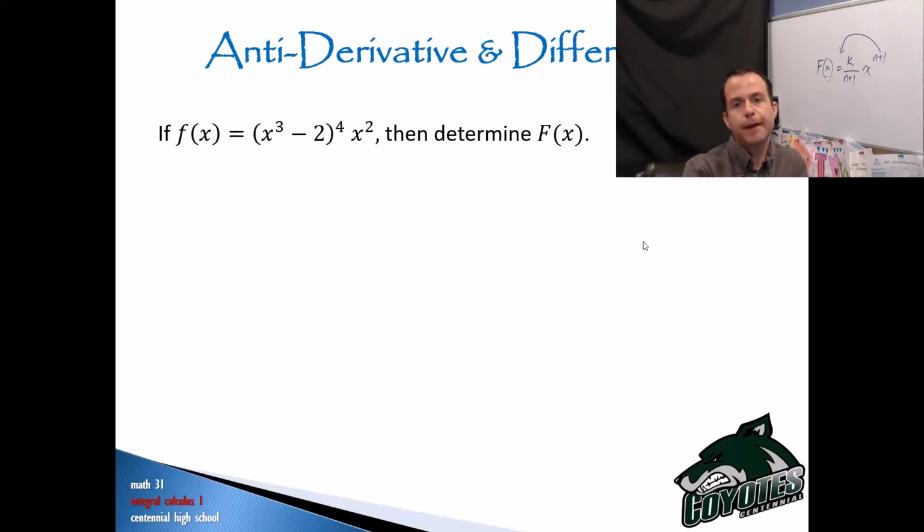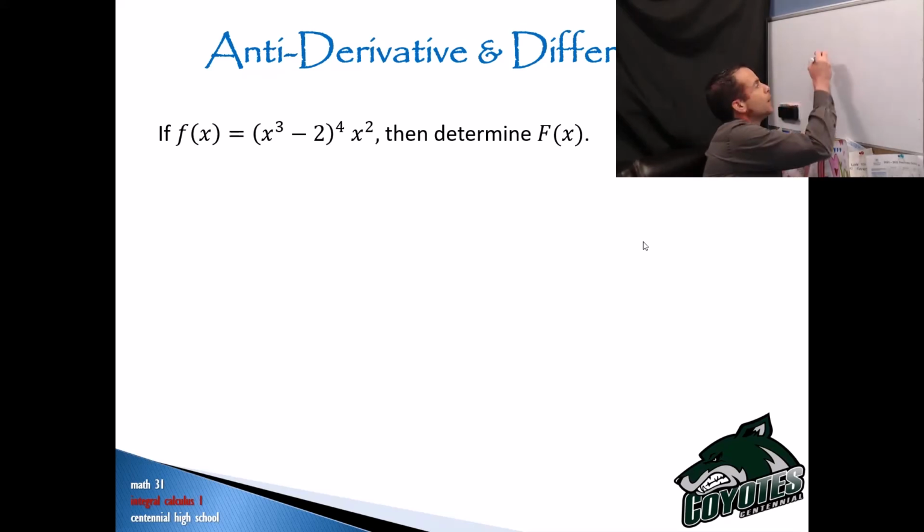Okay, so if f of x equals x cubed minus 2 to the 4 times x squared, determine the antiderivative. So here's the kind of conversation I want you to have in your head. I need to build an equation that when I take the derivative, I get that.